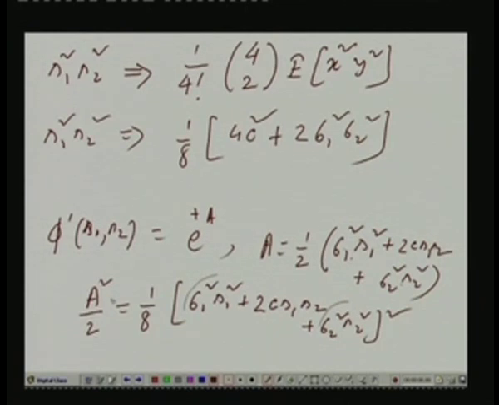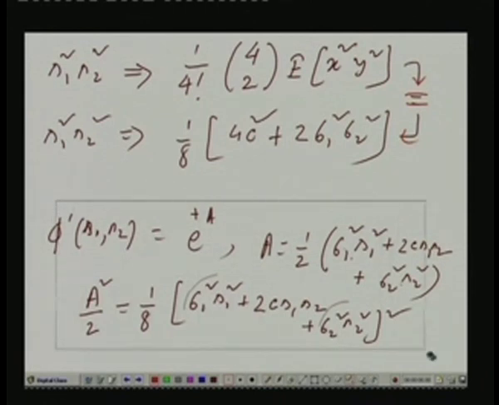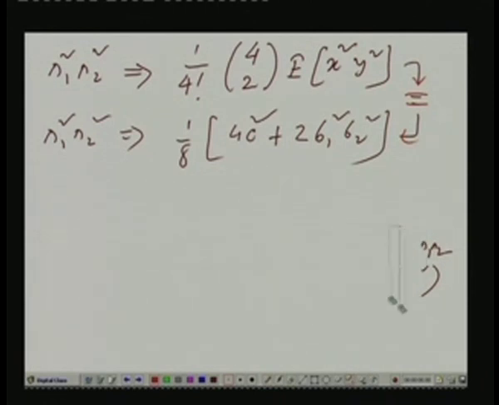In a square by 2 there will be several terms, but s1 square s2 square will have this coefficient. So, these two are to be equated, this one and this one. If you equate this, you directly get the result.